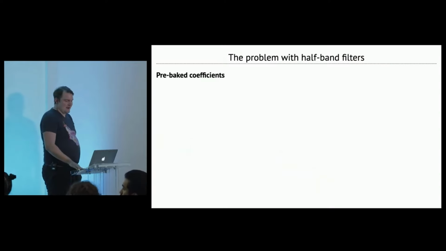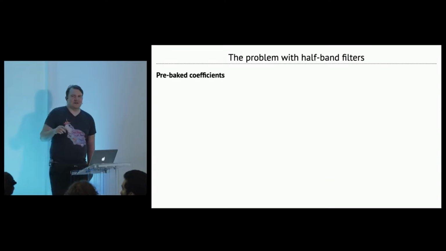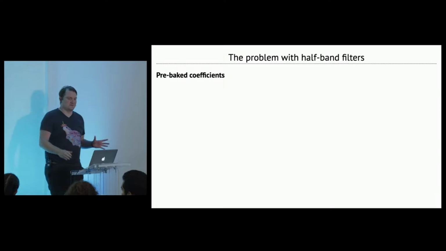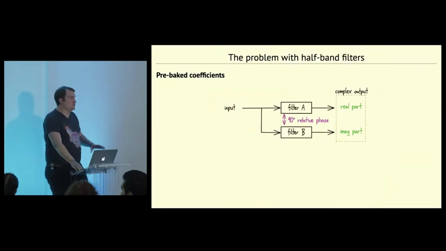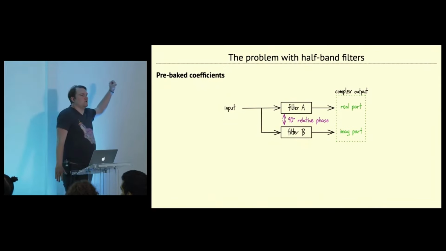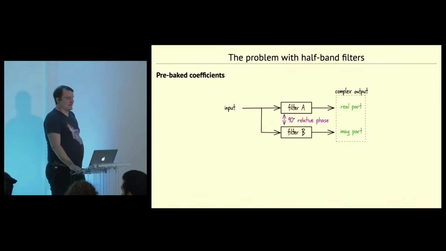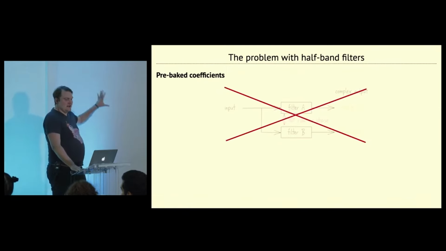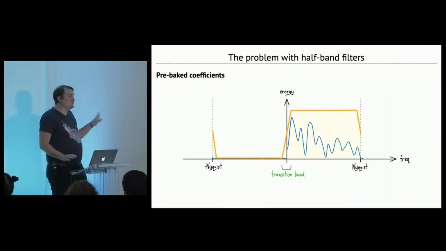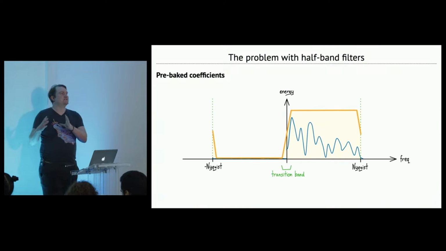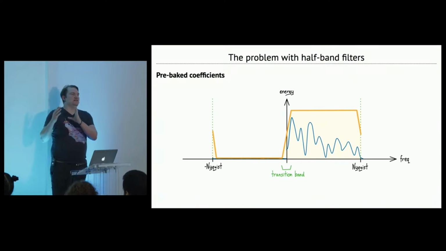So, a quick note: if you do go web searching for how to implement a Hilbert, you'll find some pre-baked coefficients, doom diagram here. Don't absorb it. But you'll get some all-pass filter recipes for this kind of setup. And actually, these are, as well as not being a very intuitive way to think about it, generally very close to being elliptic filters of this form.